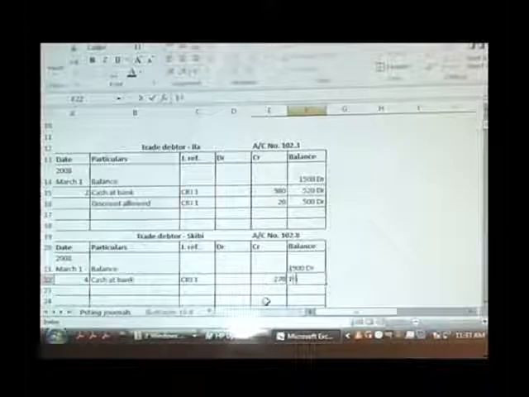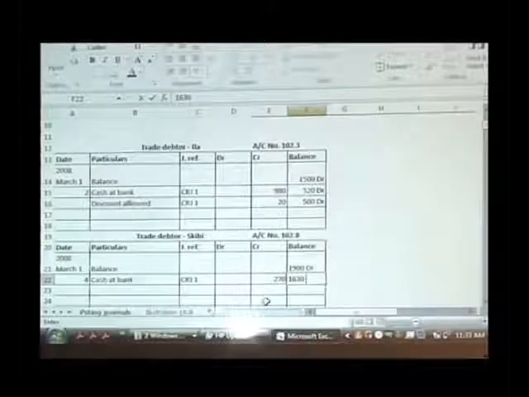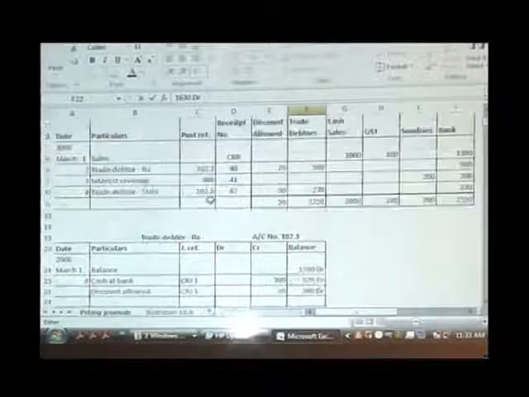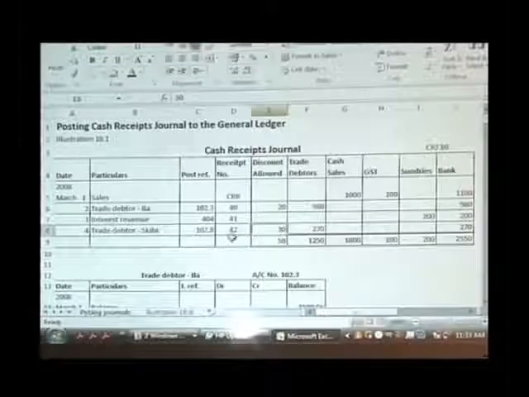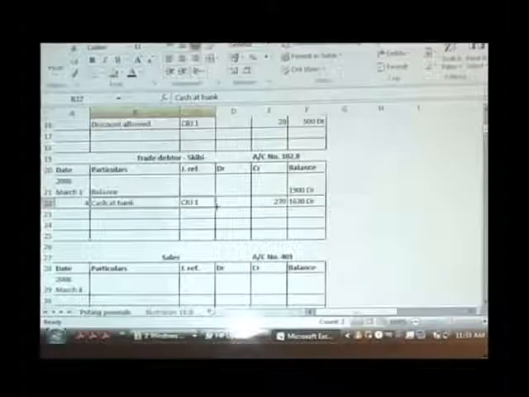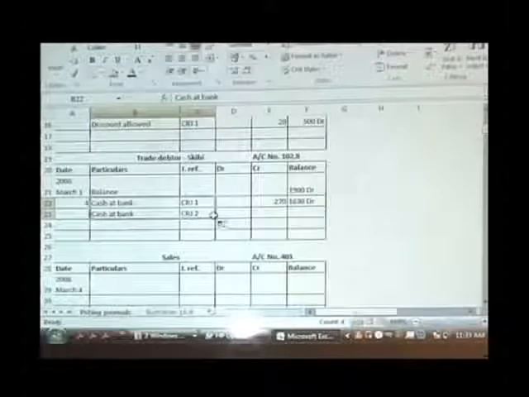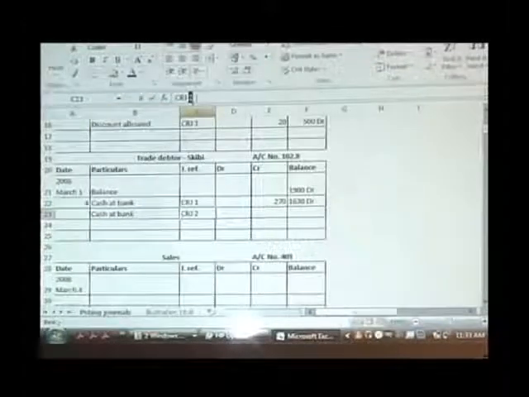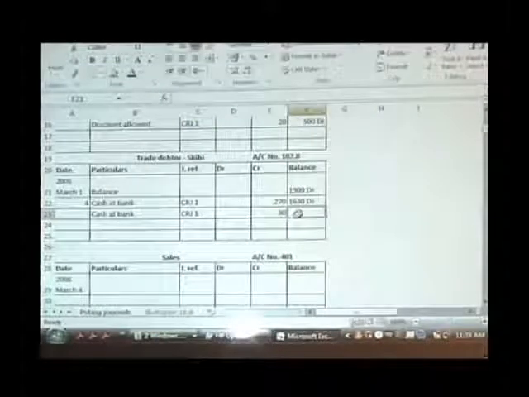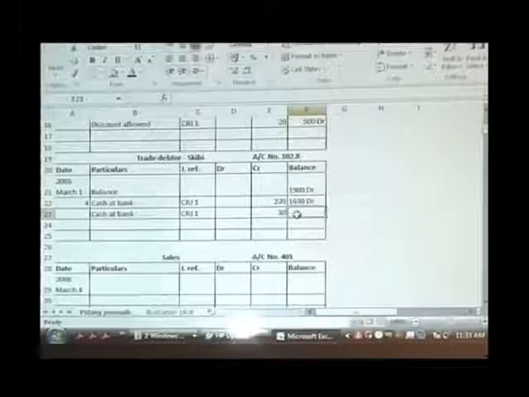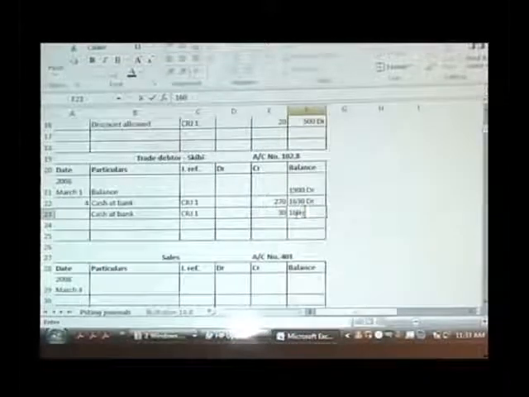It works out to 1,630 debit balance, followed by the discount allowed, that is 30 kina, cash at bank, CRJ1, 30 kina, and the final balance is now 1,600 debit balance.